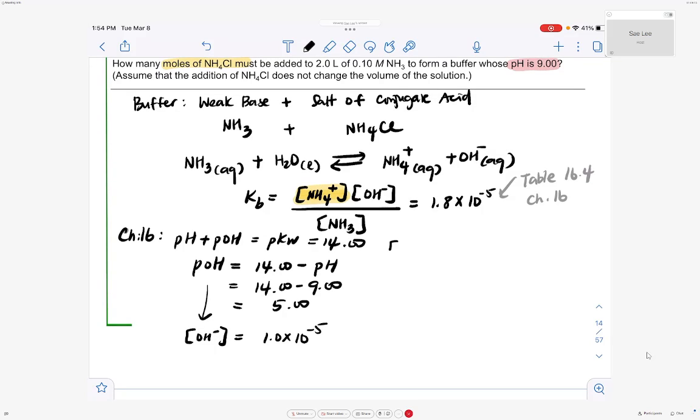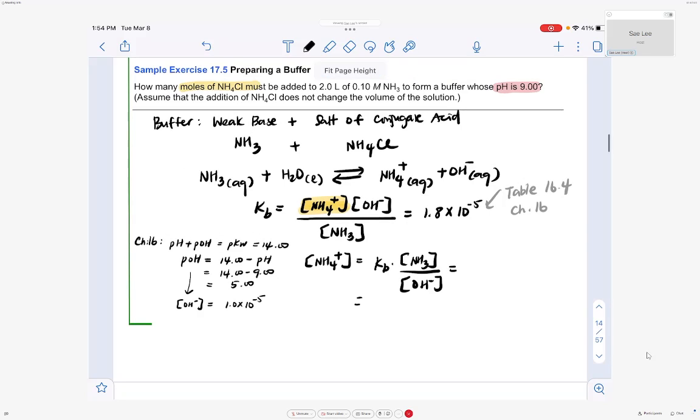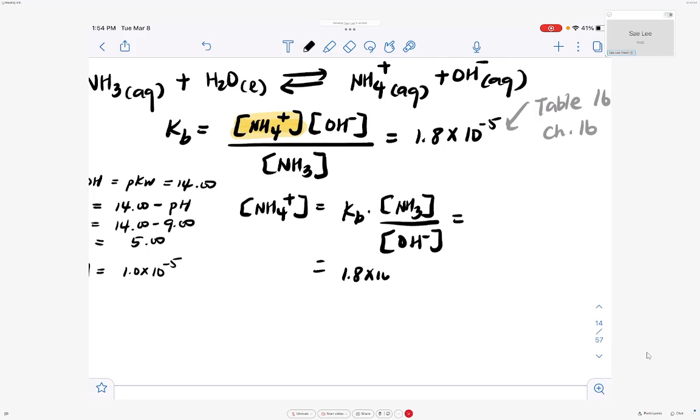The ammonium concentration is going to be Kb times, which is 1.8 times 10 to the negative 5.